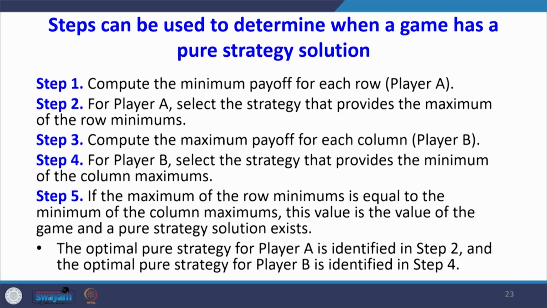Now, what are the steps? Steps can be used to determine when the game has a pure strategy. What is step 1? Compute the minimum payoff for each row. For player A, select the strategy that provides the maximum of row minimum, that is called maximin. Then compute the maximum payoff for each column for player B. For player B, select the strategy that provides the minimum of column maximum, that is called minimax.